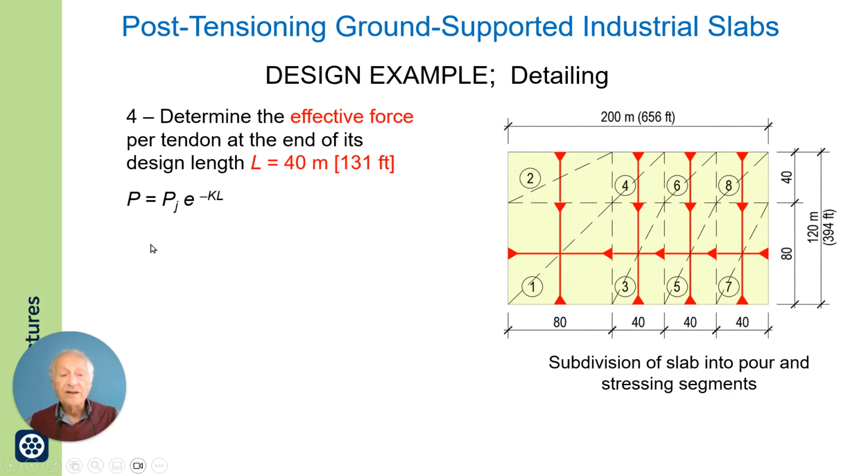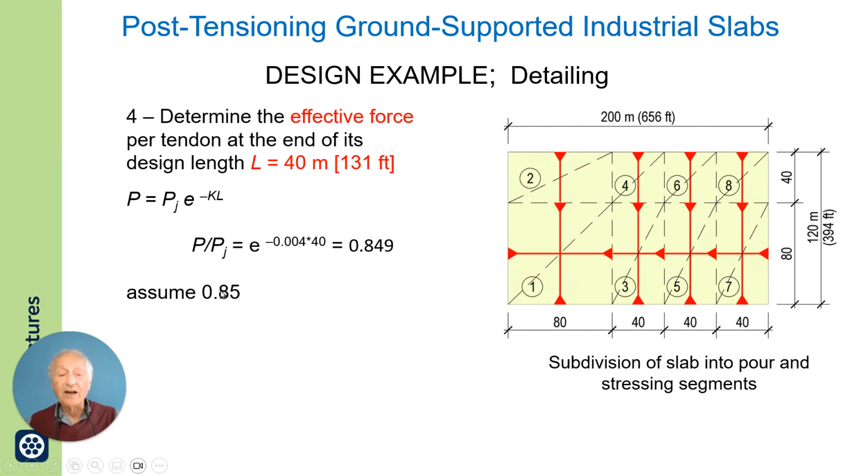This is the formula for friction loss calculation. I find out that at the far end, the force will be this fraction of the jacking force, 0.85, because of friction at the far end.